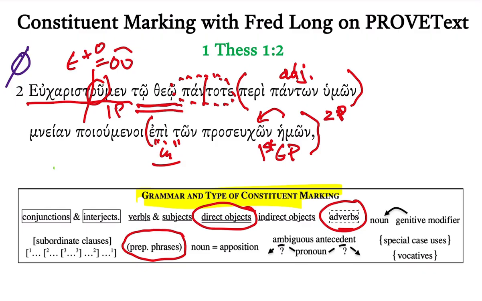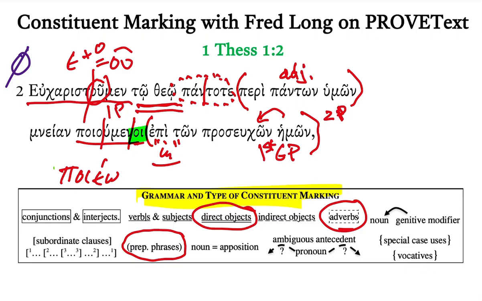So now we're left to figure out what's going on with mneian poioumenoi. Well, poioumenoi is a participle. So I cut off that ending. It's from poieō. It is an epsilon contract verb. It's starting a circumstantial clause, a circumstantial participle clause. This is nominative plural, agreeing with the main verb.